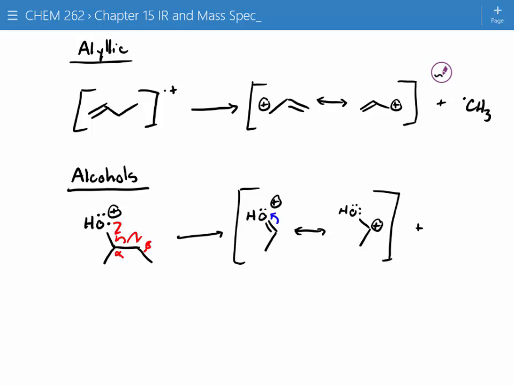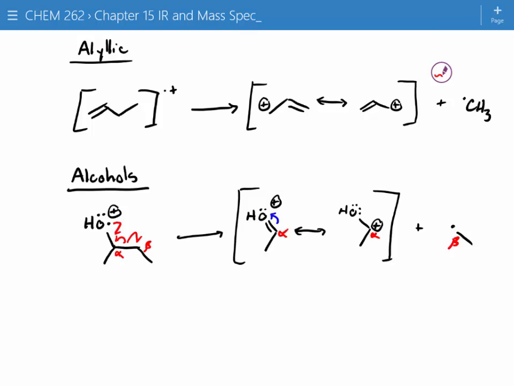Just like with our allyl cation, we observe the cation. And then the other fragment that came off, in this case, is going to be our ethyl radical. So that beta proton, if we look at where it is, it's now over here. And our alpha proton is over here. So that alpha position can delocalize that positive charge, and the beta position can become a radical.